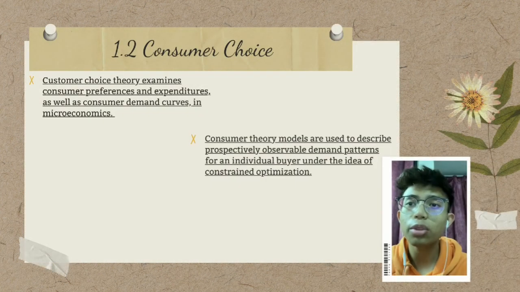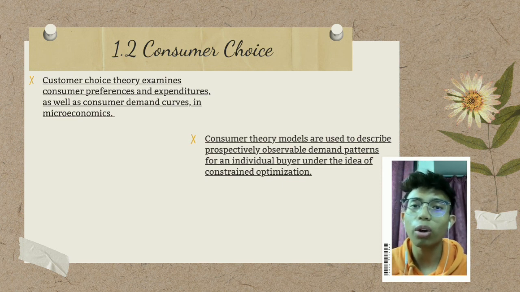Consumer choice. Consumer choice theory examines consumer preference and expenditure as well as the consumer demand curve in macroeconomics. It examines how consumers might improve the desirability of their consumption as measured by their preference while remaining under budget constraints, by maximizing overall utility while remaining inside a consumer budget limitation.